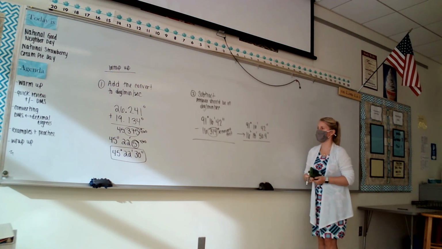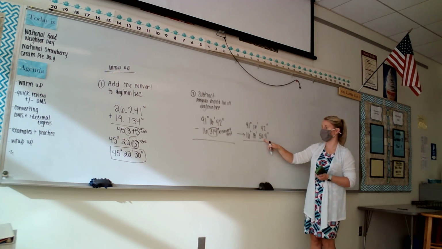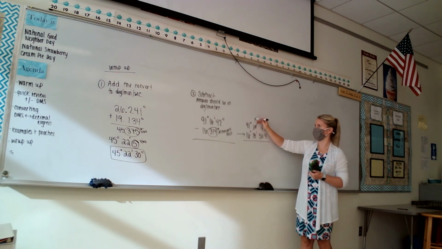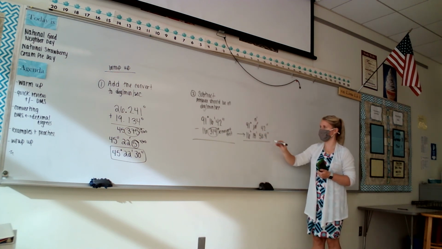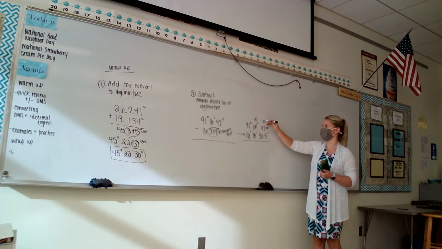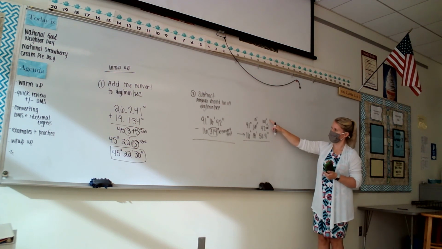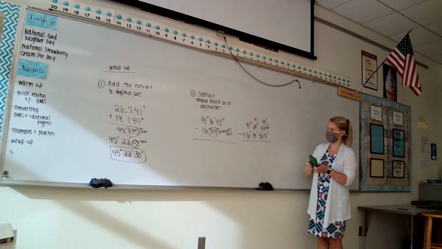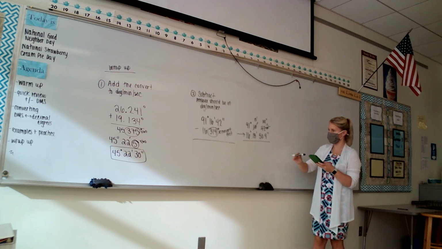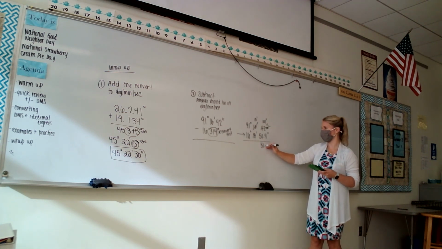We are gonna have to do some borrowing. So I start here, but I don't want a negative, so I'm gonna borrow a minute. If I borrow a minute, that adds 60 here, but I already had 42, so that gives me 102 minutes. And now I'm going to subtract that. So 102 minus 50.4 gives me 51.6.